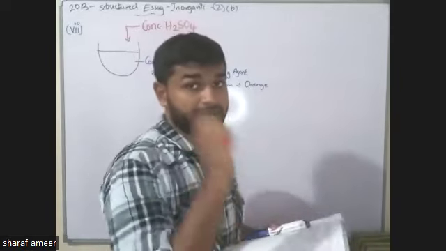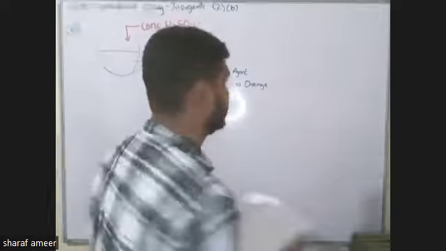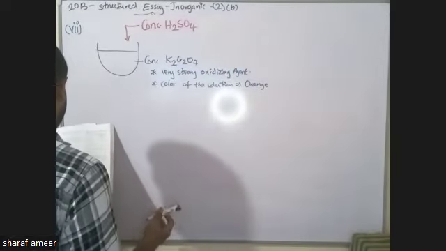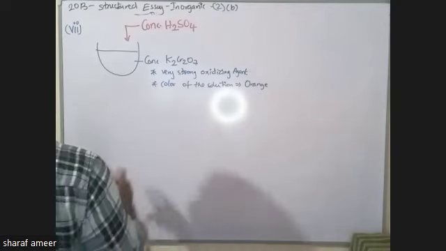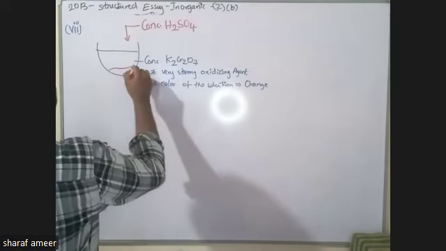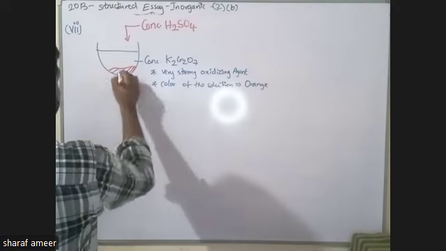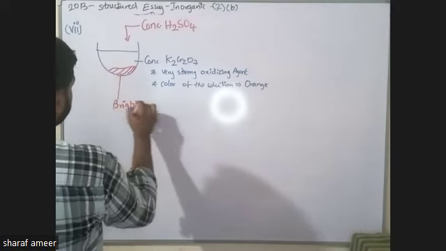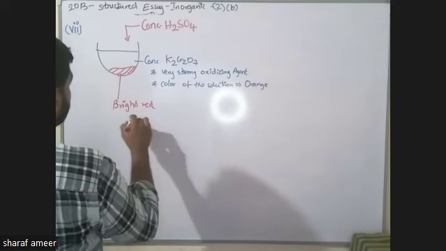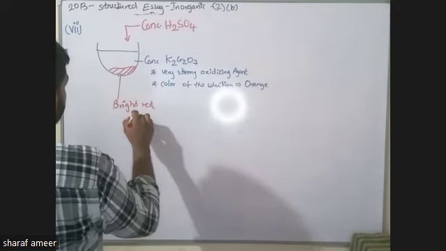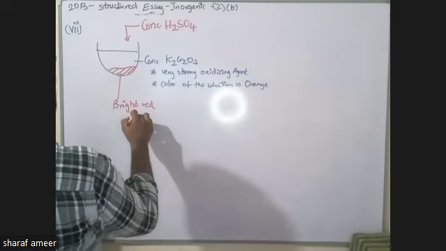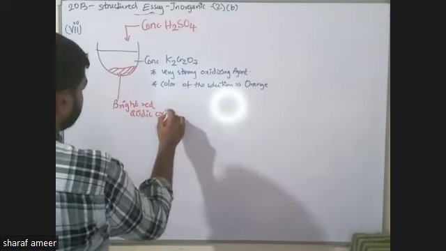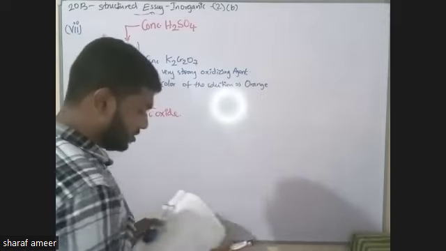Underline the words bright red acidic oxide. So there is going to be a bright red precipitate, a bright red acidic oxide.